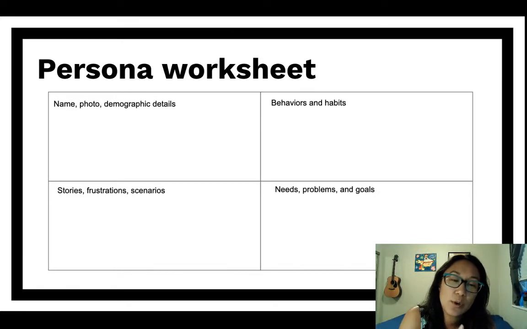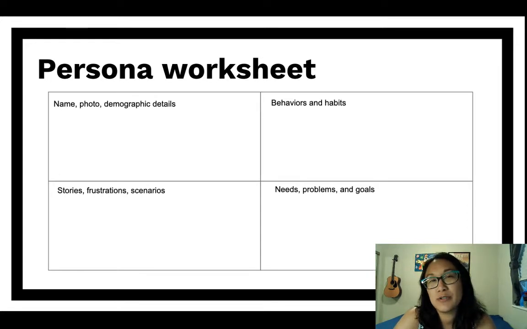The next one would be stories, frustrations, or scenarios. Was there anything that really stood out to you about the story of their problem or the story of their journey? In the case of the vacationers or the travelers, was there a scenario that was set up for you that really allowed you to dive deeper into the problem and made you feel passionate about this type of project?